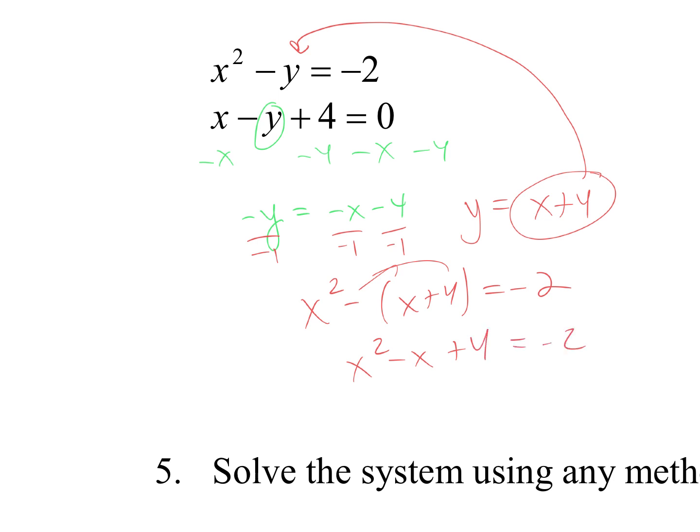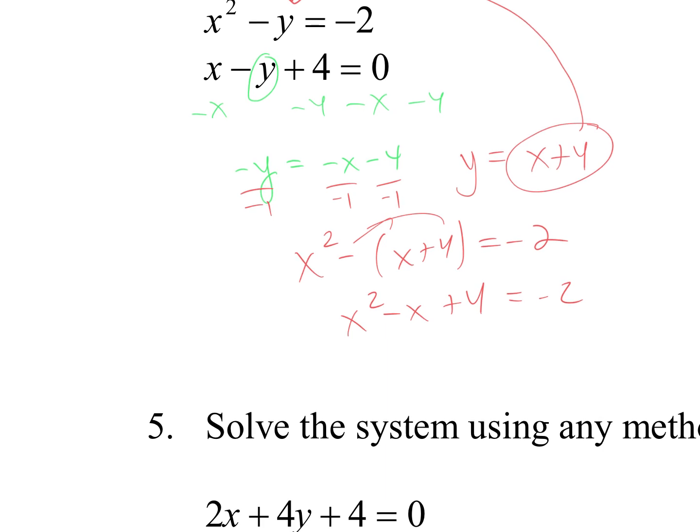What do I do with that negative 2? Add it to both sides. So x squared minus x plus 6 equals 0. What are the factors of 6 that'll multiply to give me 6 but add to give me a negative 1? Is it supposed to be negative 4? Yeah. Oh yeah, I didn't distribute. Thank you.